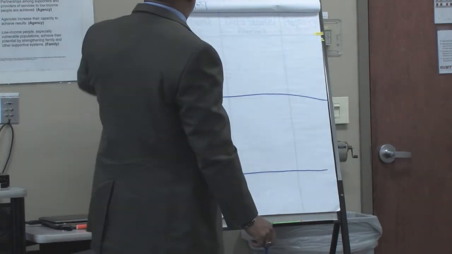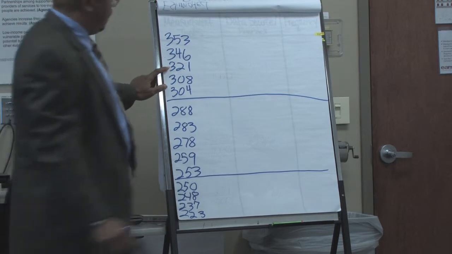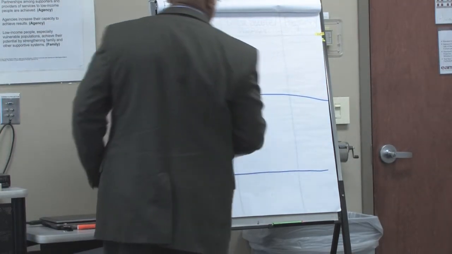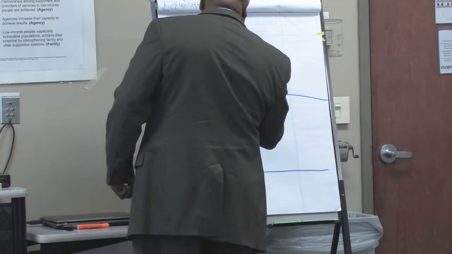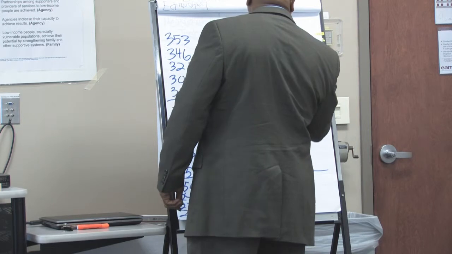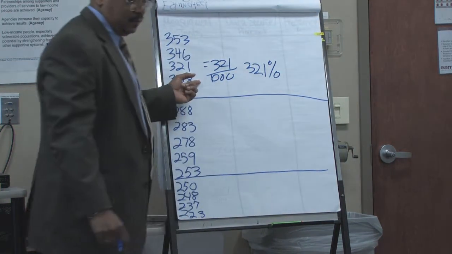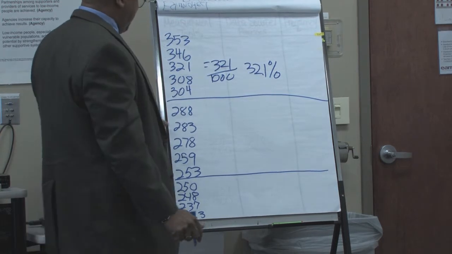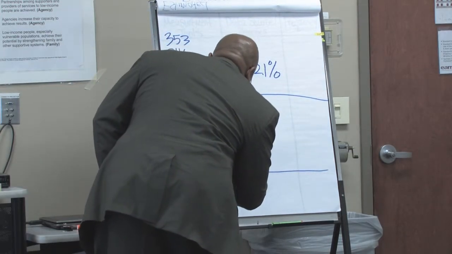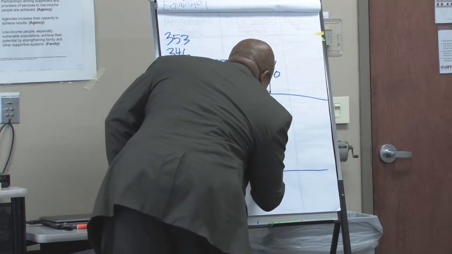But if you're batting, say for instance, 321 out of 1,000 at bats, that's 32.1%. And that's a Hall of Fame number. If you're batting 278 over 1,000, that's 27.8%.